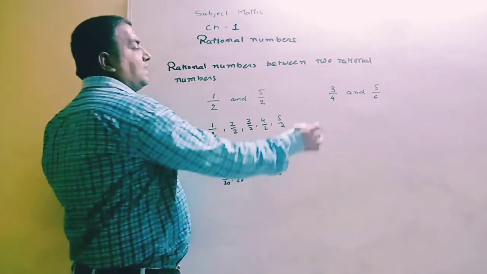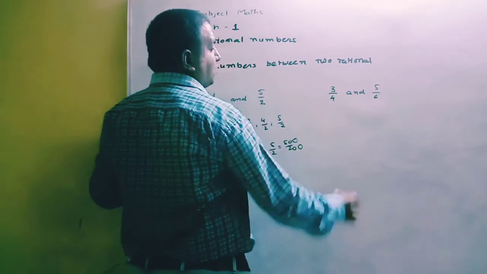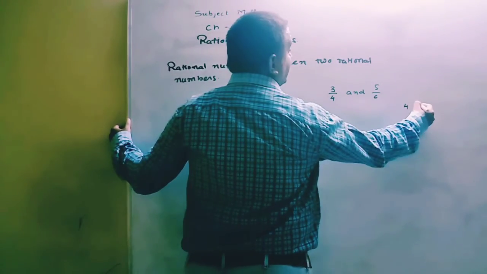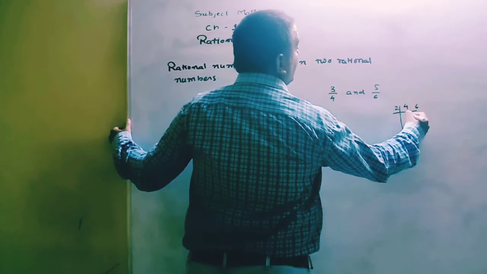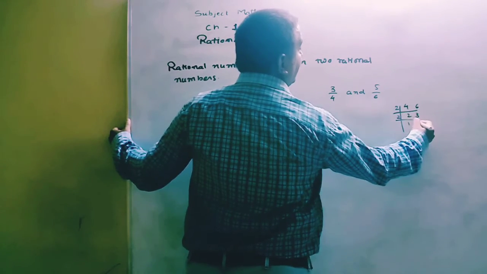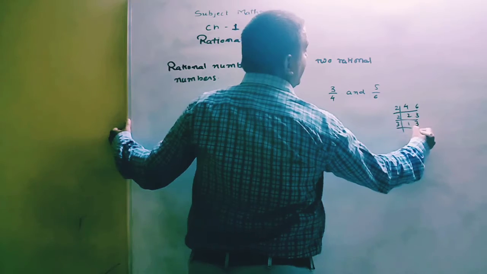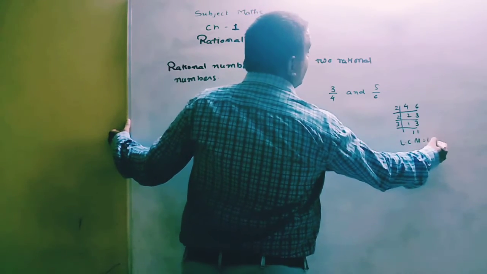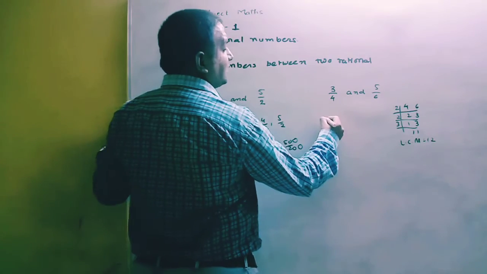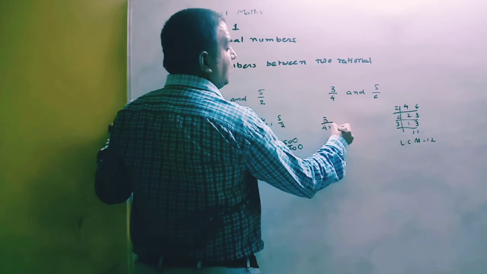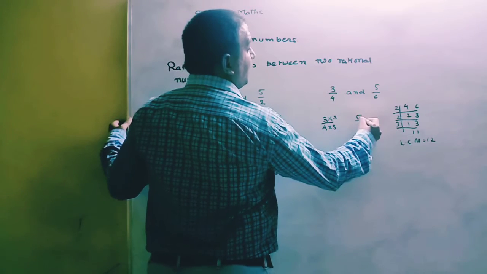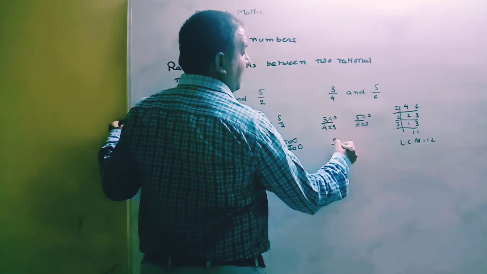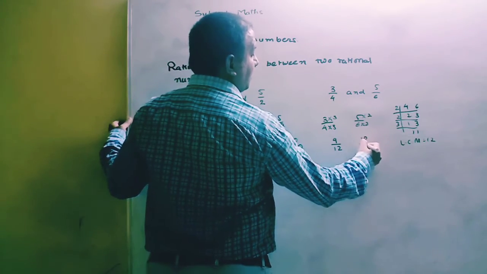First we make the denominators equal by the LCM. The LCM of 4 and 6 is 12. So we make both denominators 12: 3 by 4 into 3, and 5 by 6 into 2. So it will be 9 by 12 and 10 by 12.